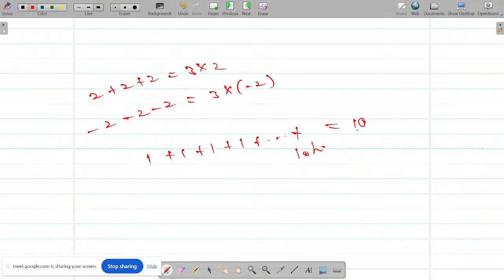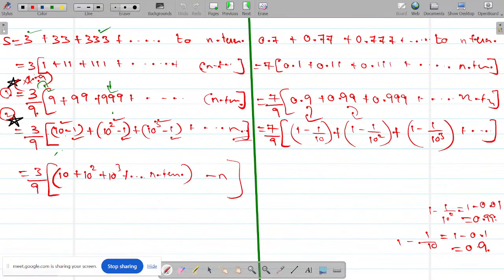Minus 1, minus 1, minus 1, minus 1, 10 times. So what will you get? Minus 10. Here, instead of 10, we have n. N times we get minus 1. So the value will be minus n.